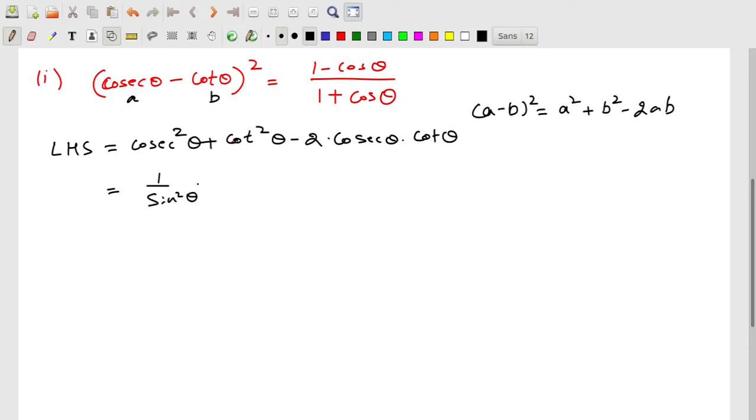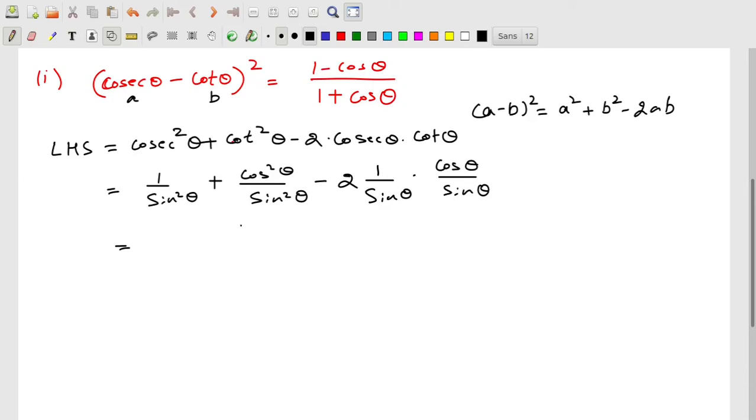You know this cosecant is a reciprocal of sine. Next, cot square can be written as cos square theta divided by sine square theta. Okay, so minus 2 cosecant, again reciprocal of sine, into cot, cos theta by sine theta, right?